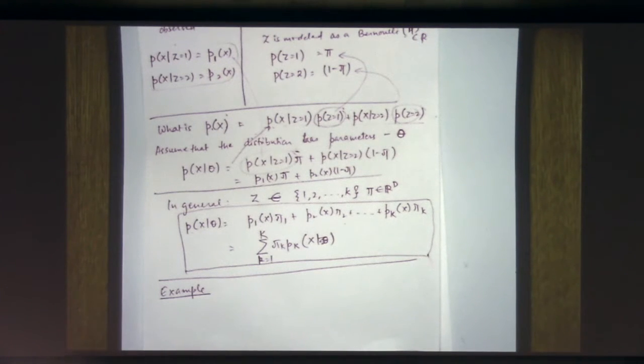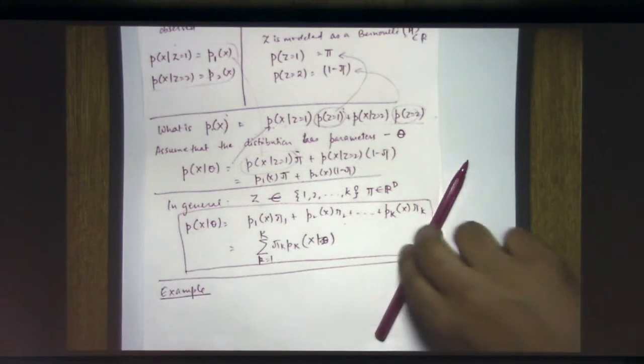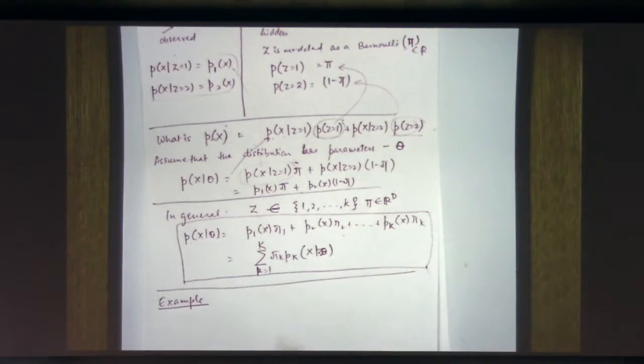So the process works like this: there's a box which contains k distributions for the mixture model, and when you want an observation, you basically shake the box and say, give me an x. Inside, one of the distributions in the mixture will be chosen using your pi, and then that will give you the value.